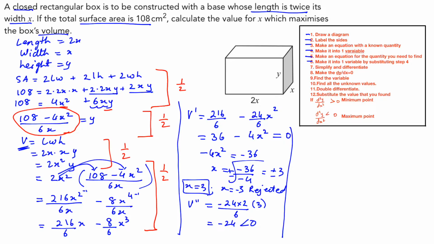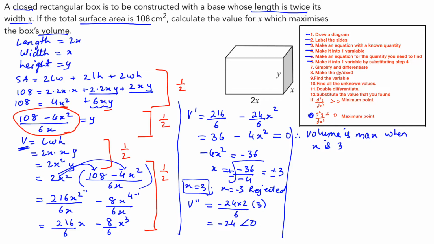So here we know that if it is less than 0, it is a maximum point. Therefore, volume is maximum when x is 3. Always find all the unknown variables because sometimes they give you marks for it.